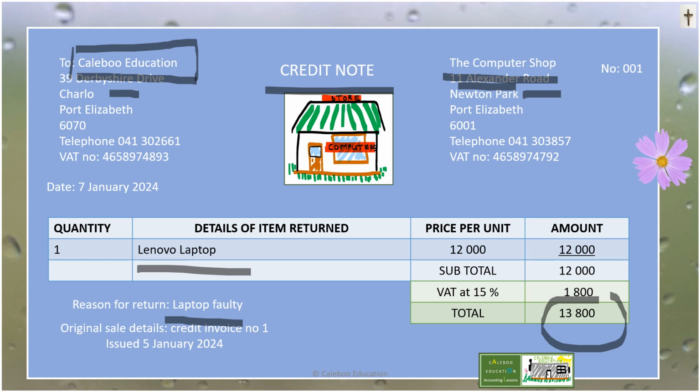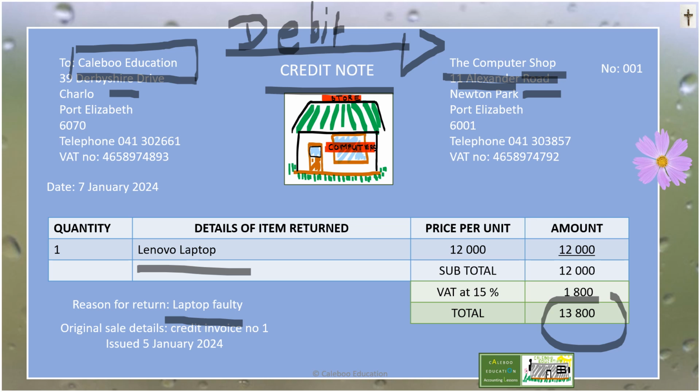So they accepted the claim for goods which did not comply with the order. And by the way, Calibre Education would have sent a debit note saying that they're debiting the computer shop in their books, a decrease in liabilities.